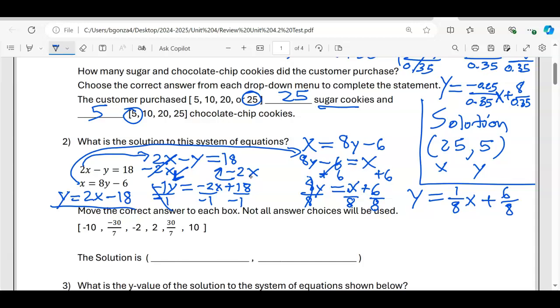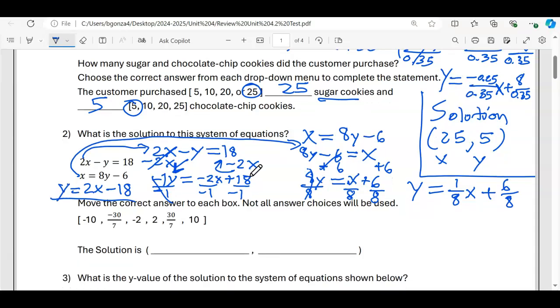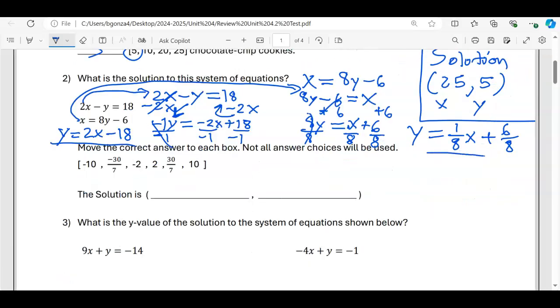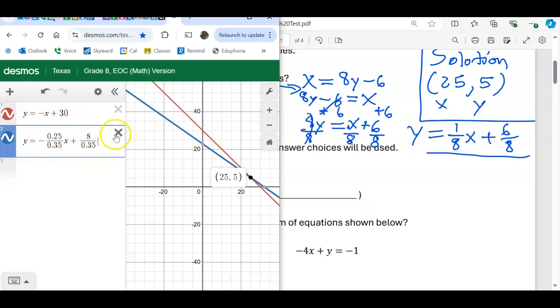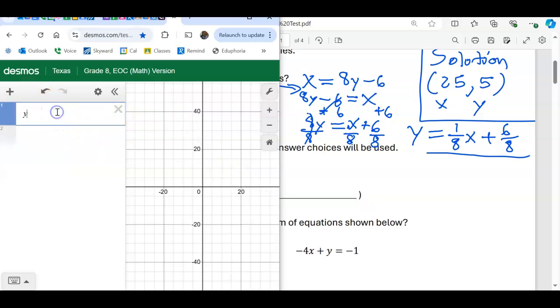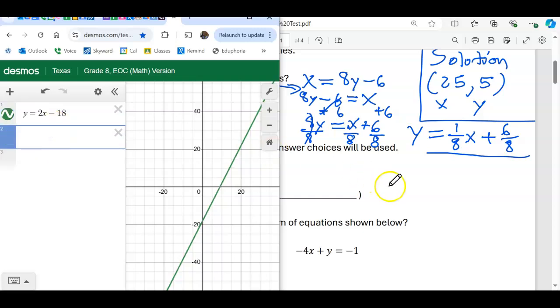Okay, so we're going to take that and graph these two equations. Sorry for that. So these two equations, 2x minus 18 and this other one, and you can see they crossed right there.